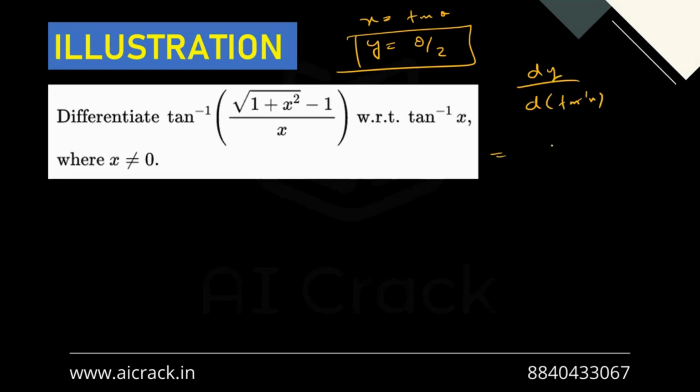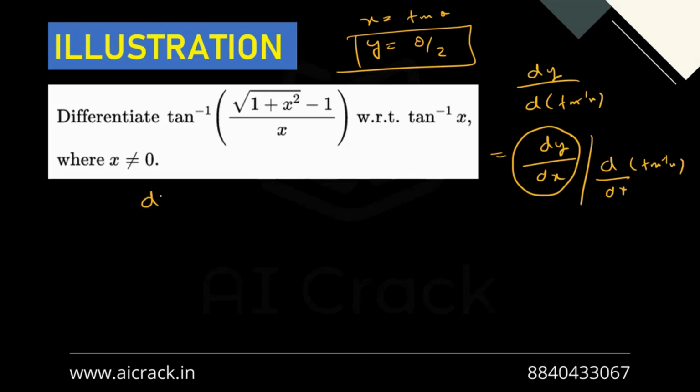Now, I can modify this one as dy by dx divided by d by dx of tan inverse x, right? And now if we talk about dy by dx, we have to modify it once again. Dy by dx equals dy by d theta divided by dx by d theta, right? Now dy by d theta can be calculated from here. That comes out to be 1 by 2, right?